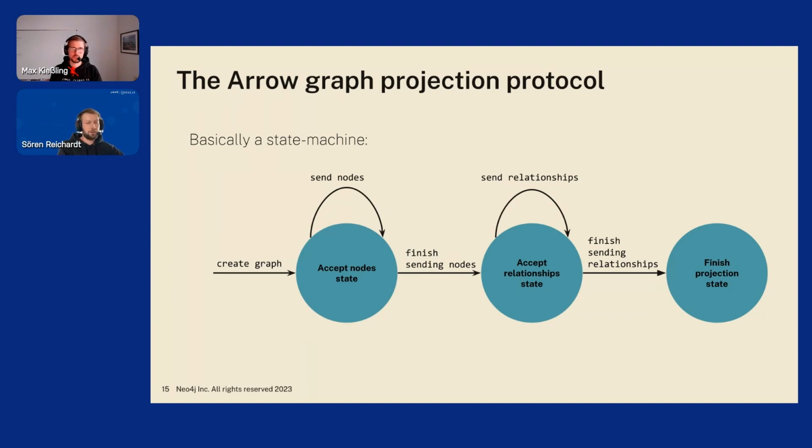So we are remapping IDs, which helps us later to get better compression and has other computational benefits. Once that is done, we can start sending the relationships that depend on the node data being sent. So this means that our Arrow server is basically a big state machine that we need to progress with the Arrow protocol. So let's have a deeper look at what the protocol looks like.